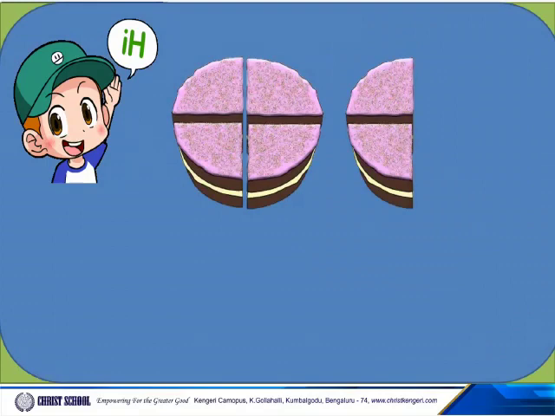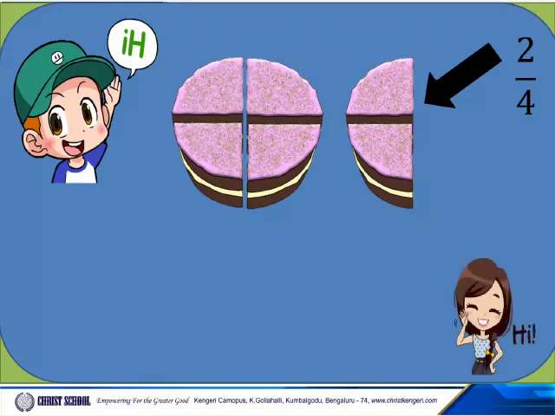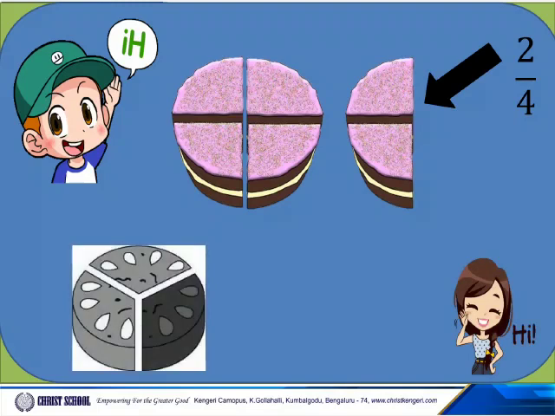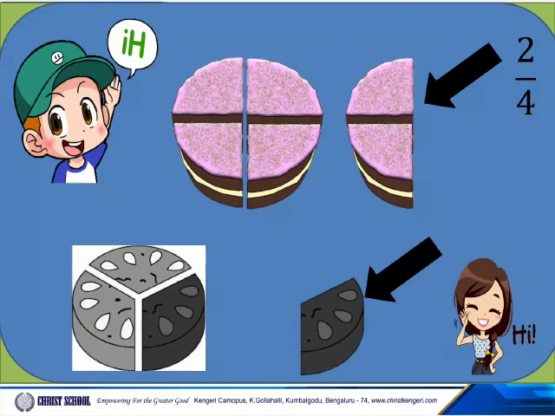So Anil ate 2 by 4 of the cake. Asha cut a cake of the same size into 3 parts and ate 2 parts. Asha ate 2 by 3 of the cake. Now we need to check which 2 people ate the same amount of cake.